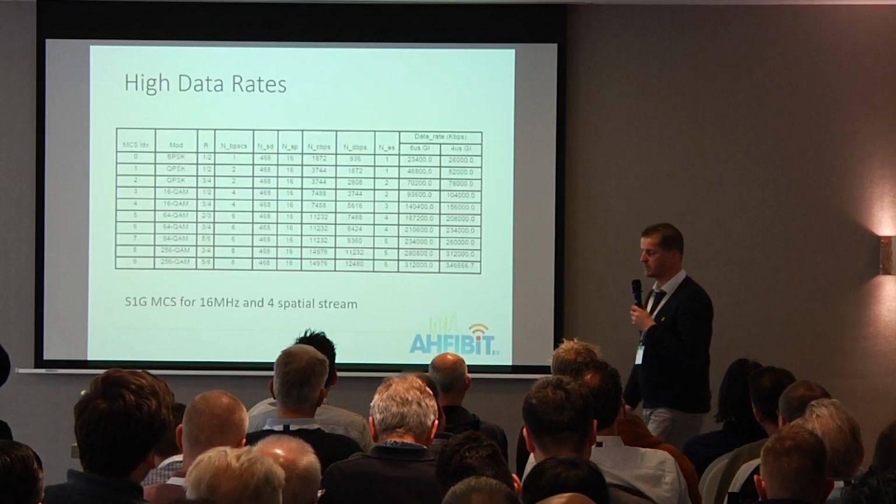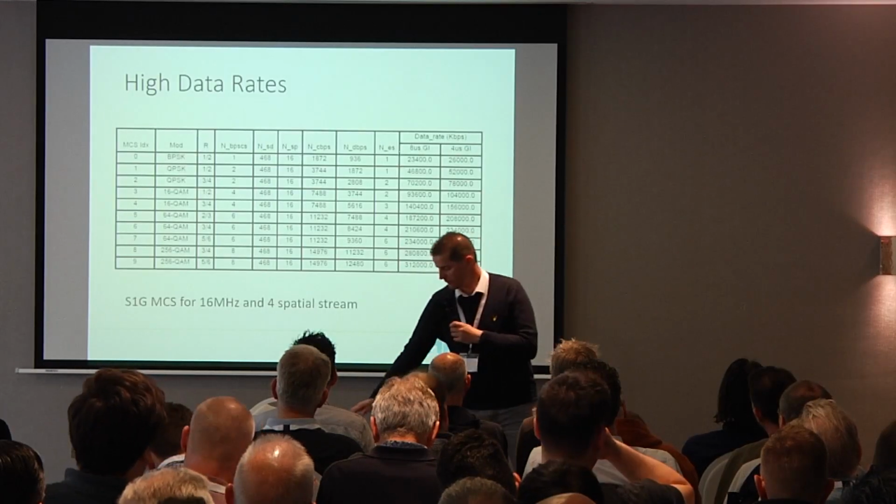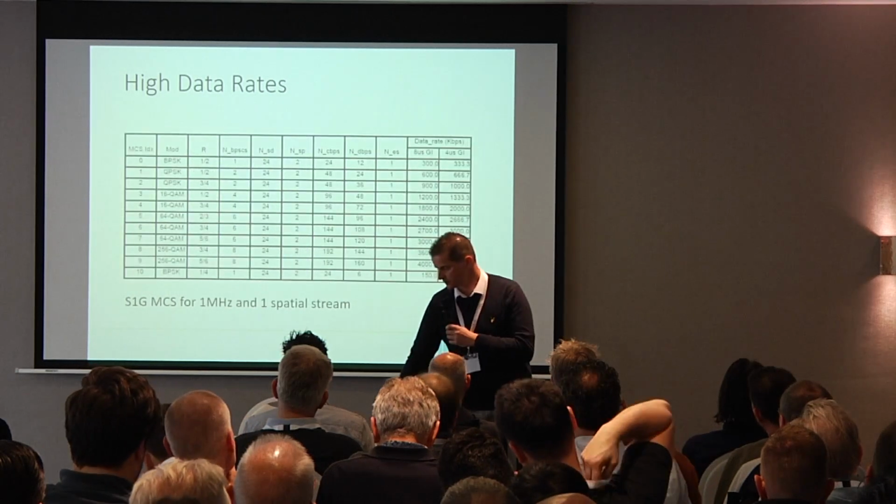If you're going to check the 160 megahertz wide channel and the data rates, you're going to see it's exactly 1/10. So what's the reason behind this? With Halow, we use a symbol duration of 40 microseconds, while with regular Wi-Fi, we use 4 microseconds. So all data rates we see here are exactly 1/10 of what we see with regular Wi-Fi.